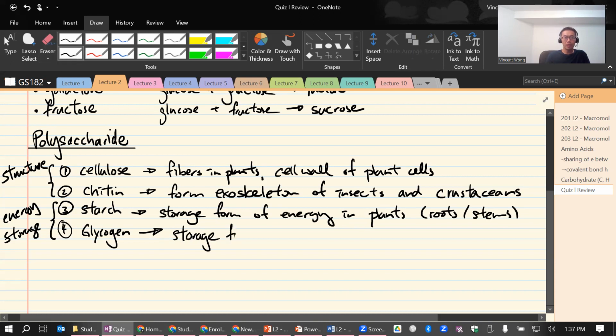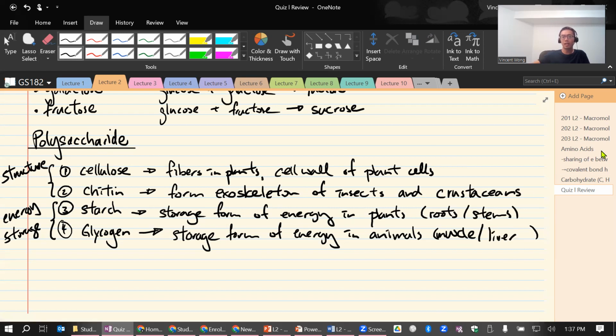Where do we find glycogen in the body? In the muscles, yep, in the muscle and where else? Remember, I had to stand up to show you where the other thing is? The liver, yep, the liver, right? Which is just below your diaphragm, right? On the right side, right?